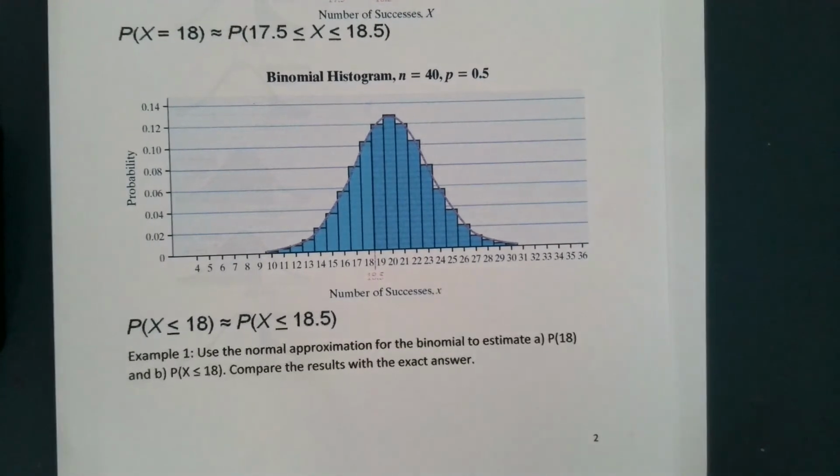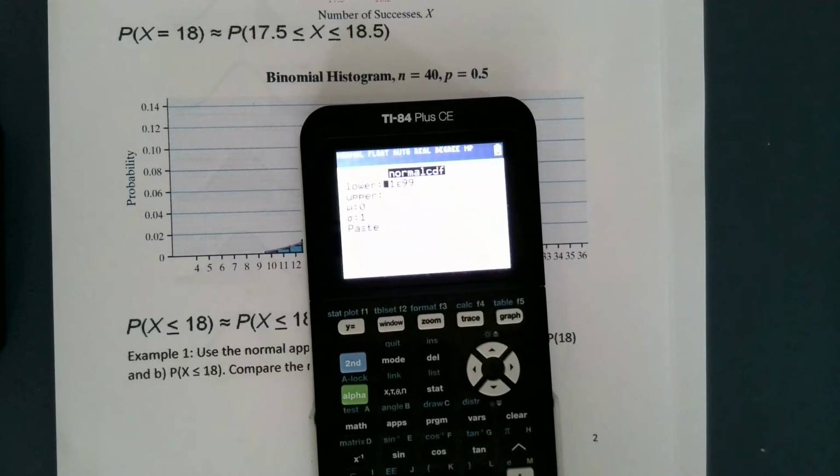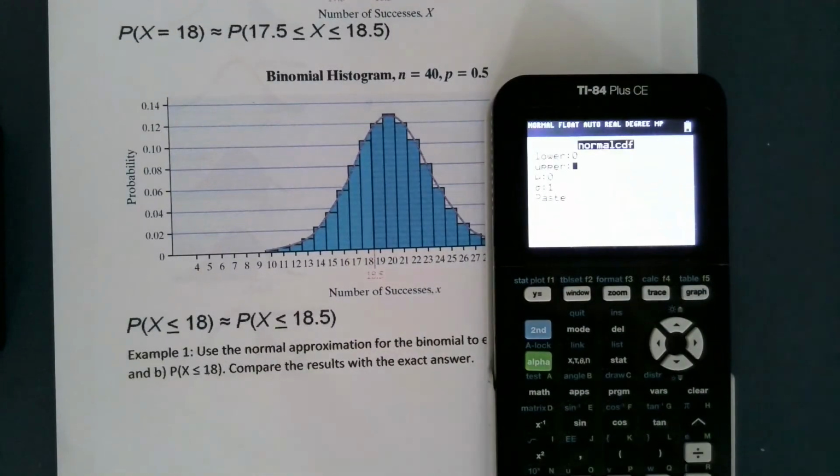And the approximated answer would be the area under the normal curve. So we can use normal CDF. For the lower, I'll put 0. And for the upper, 18.5.